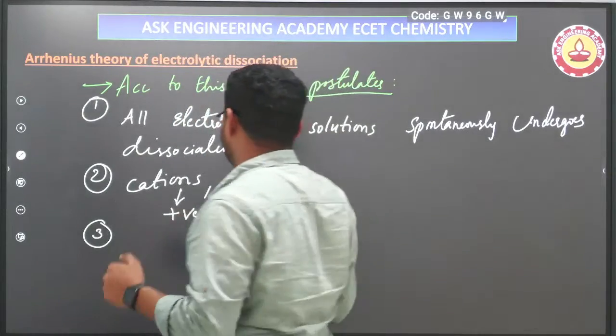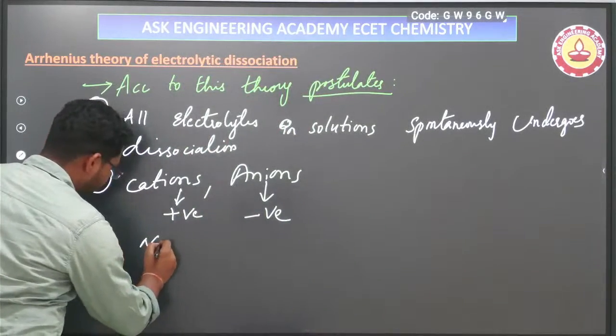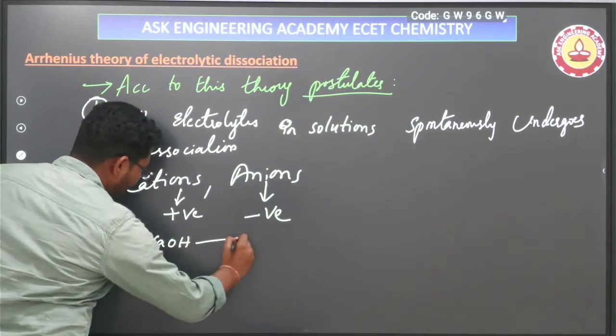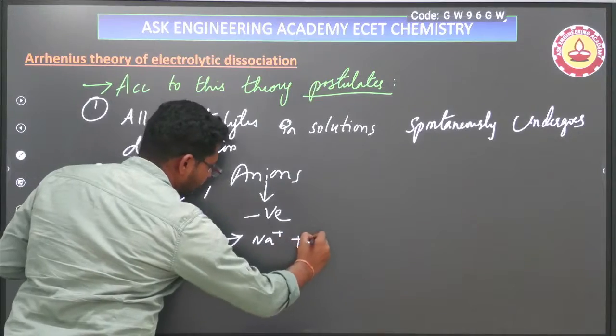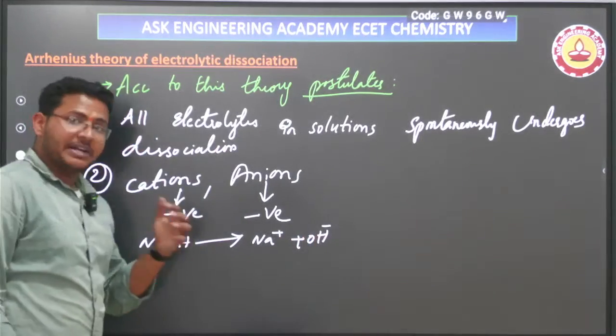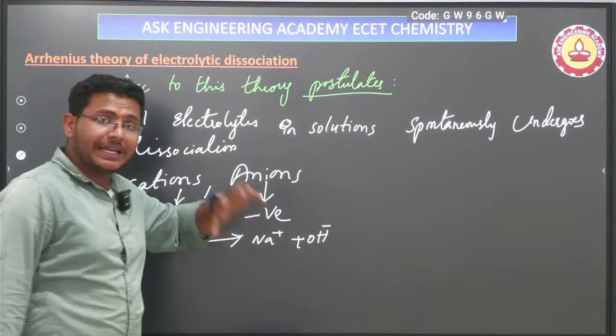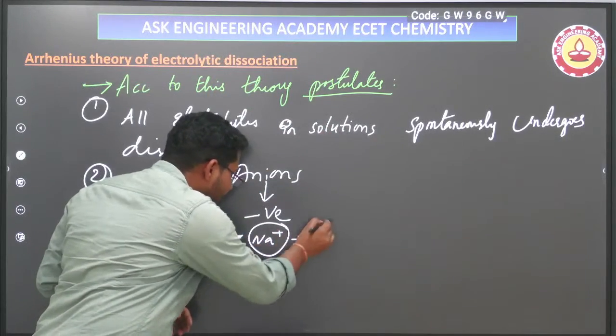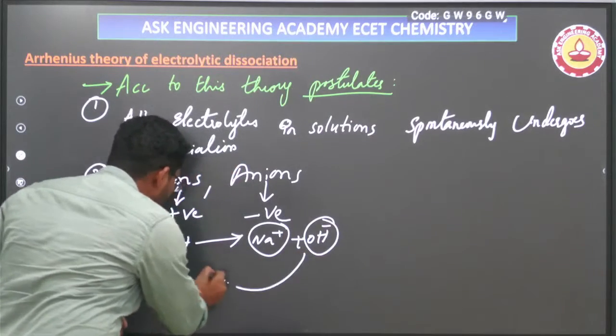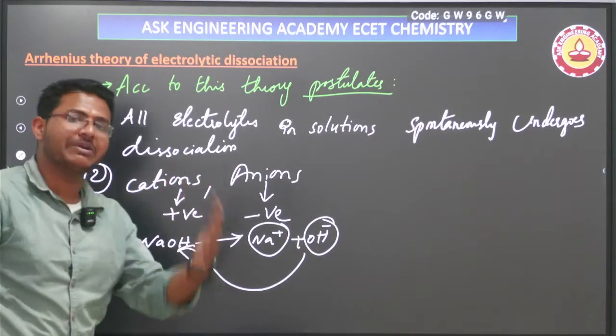For example, this is NaOH. During electrolysis, it forms Na plus and OH minus. But according to Arrhenius theory, these two ions always want to unite to form NaOH again.